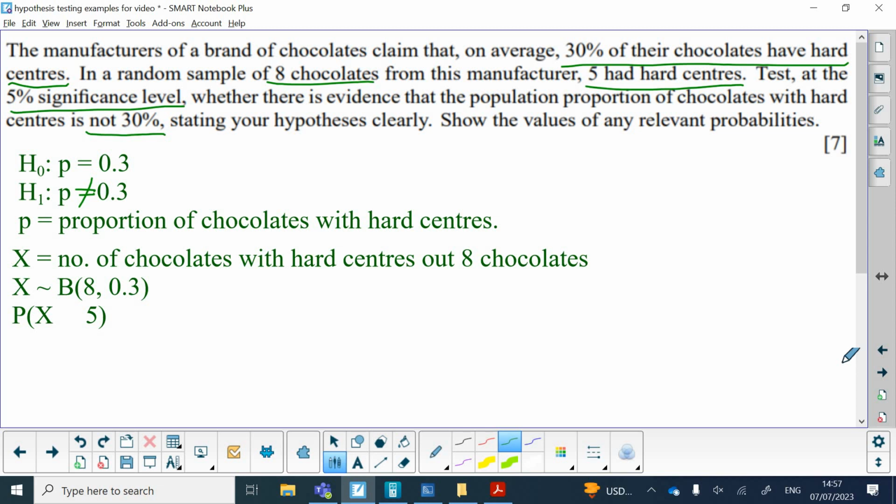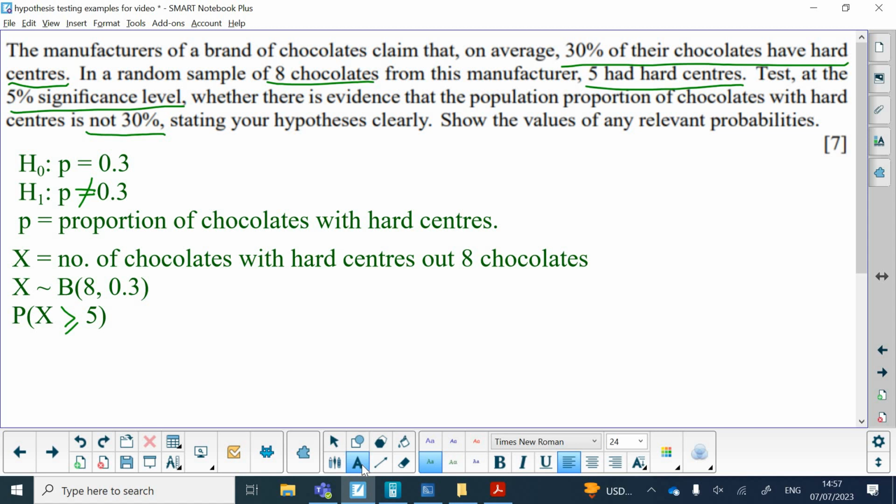But here we haven't got a direction, it goes both directions, so we just have to guess. I'm going to guess that 5 is an unusually large number. So I'm going to say, what's the chance of getting something greater than or equal to 5? Now, if I'm wrong and it should be less than or equal to, I'll get a probability that's more than a half. So if I get a probability that's more than a half, I just switch it round and start again.